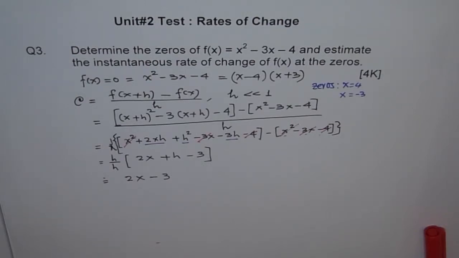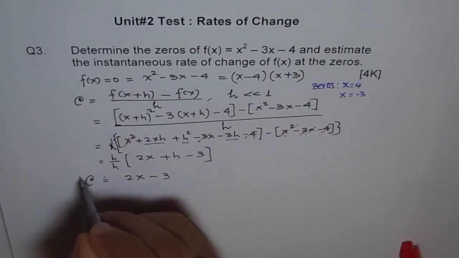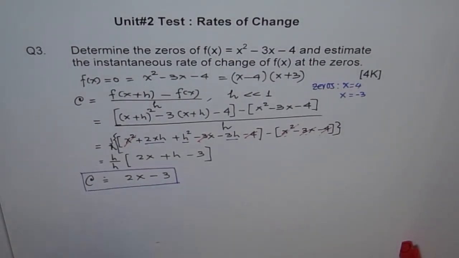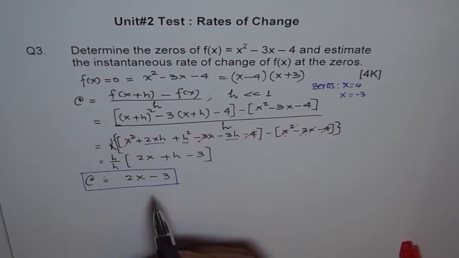Very, very close. So always it will be estimated instantaneous rate of change, right? So let me say that is my formula for instantaneous rate of change at any point for this function. Does it make sense? It is 2x minus 3.